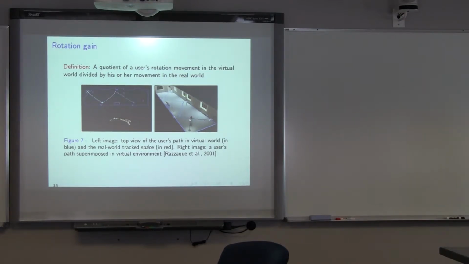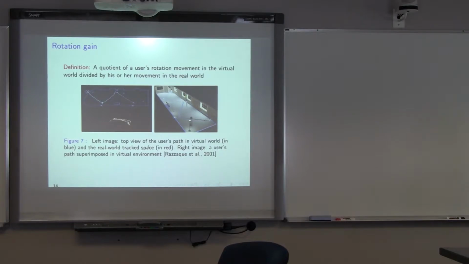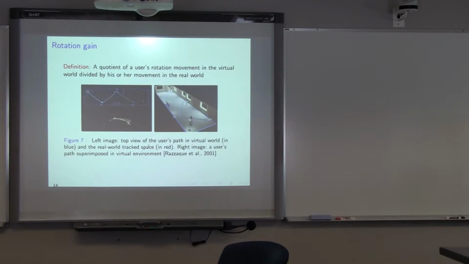The blue geometry represents the relative size and shape of the virtual world. The real world's relative size and shape is represented by the red geometry. The user's path in the virtual world is represented by the light curve. So in the virtual world, the user walks a zigzag path.